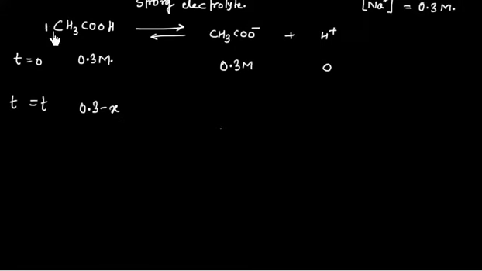So we have Ka equals x, and Ka is given, that is 1.8 times 10 to the power minus 5 for acetic acid. So x is 1.8 times 10 to the power minus 5.